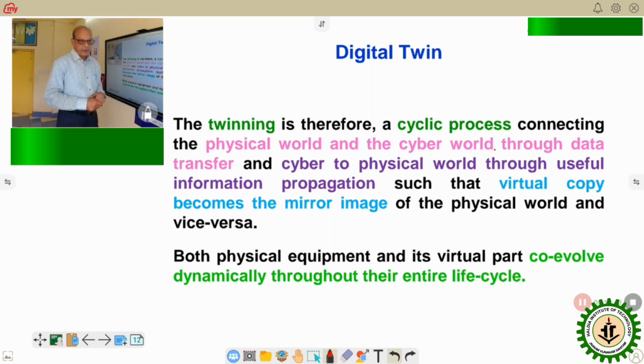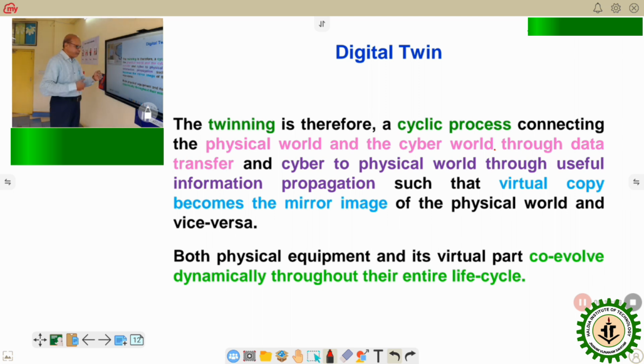and vice versa. As there is a process in the physical world, the status of the state, afterwards we discuss the properties of the key attributes, keeps on changing. Whatever changes are taking place in real time in the physical world must be reflected in the corresponding virtual copy or virtual model.